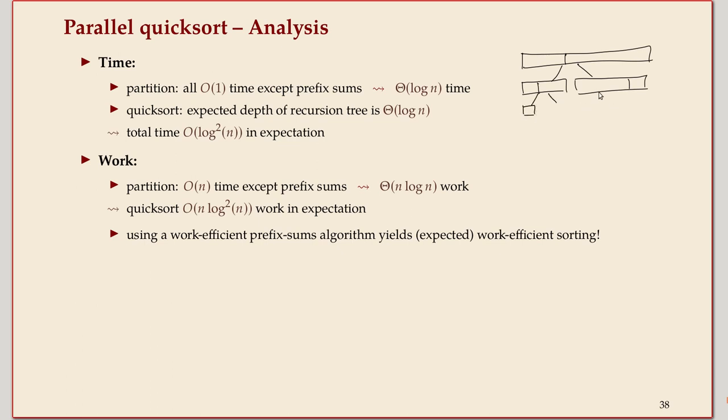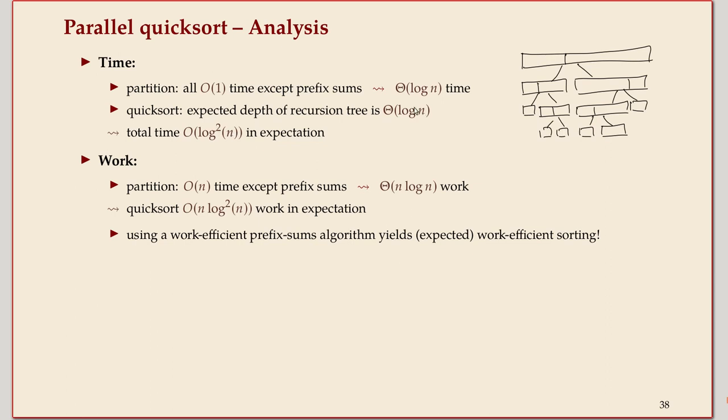And whenever I draw these little edges, this is actually I have to wait for my parent to finish before I can go to the next step, whereas anything that's on the same level can run in parallel in principle. Well, this goes on until you have only singleton elements left. I'm reluctant to continue drawing. But the height of the tree will be the longest chain of things that depend on each other.